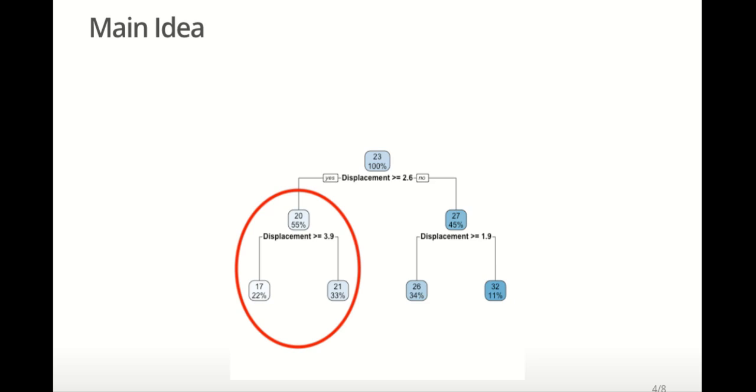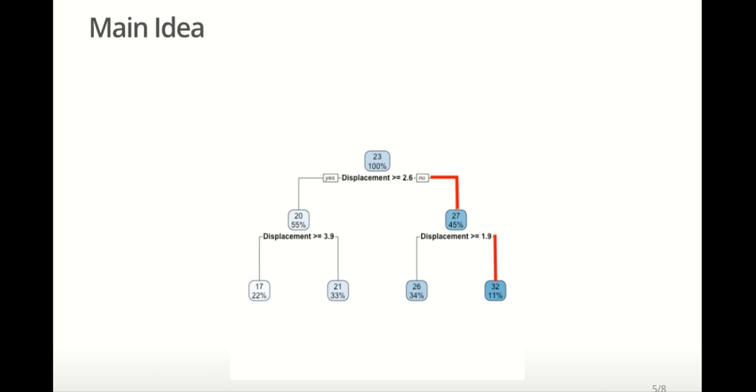Observations with displacement less than 3.9, but still greater than 2.6 from the initial split, fall into the second node, where 33% of the data reside, and the average MPG is 21. The tree continues splitting until some stopping criteria is satisfied.